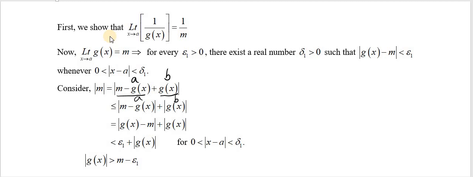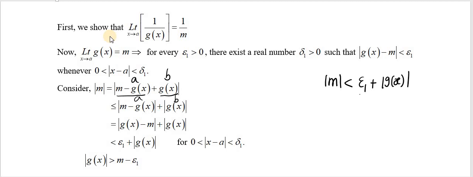But I already informed you, inside the modulus we can easily change the terms. So m minus g of x can be written as g of x minus m, and mod g of x as it is. But we know this value is less than epsilon 1, mod g of x as it is, for 0 less than mod x minus a less than delta 1. So observe what we get: mod m is less than epsilon 1 plus mod g of x.